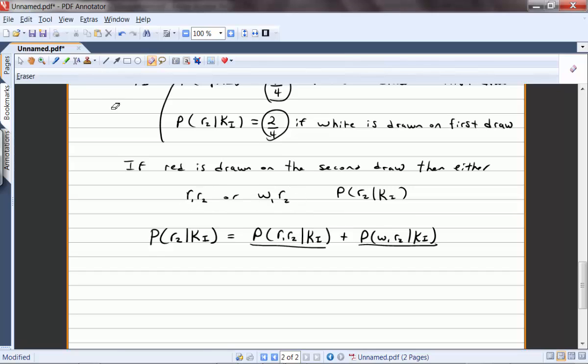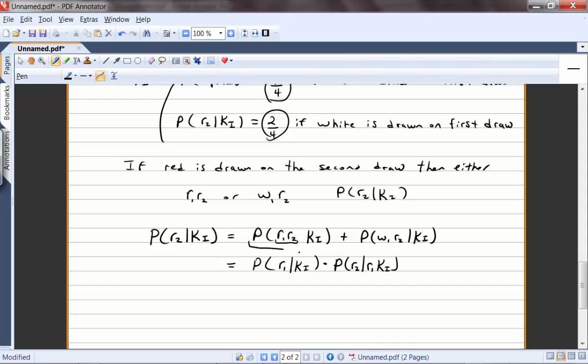Okay? Now we use the multiple applications of the product rule. This first probability, the probability of a joint event like this, it's an event that happens sequentially. One part happens first, then the other part happens later, sequentially in time. So it's equal to the probability that red is drawn on the first draw given our initial knowledge, multiplied by the probability that red is drawn on the second draw, given that red was drawn on the first draw and our initial knowledge.